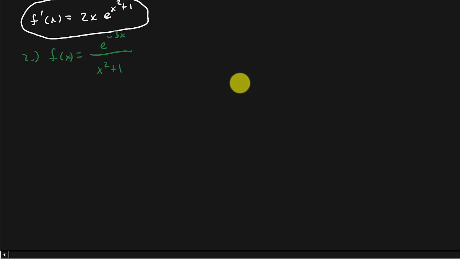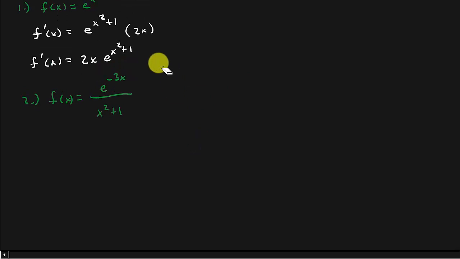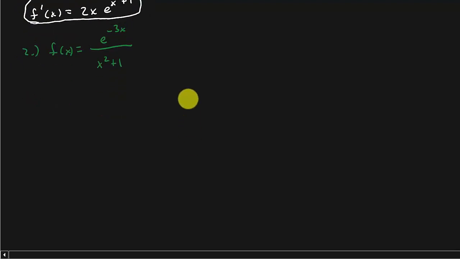All right, well, let's look at the next problem. I didn't leave myself a whole lot of room on that problem, did I? All right, so let's look at this one. So this one is what? This is the quotient rule. So we have f prime of x is equal to the derivative of the numerator. So that's e to the negative 3x times negative 3.